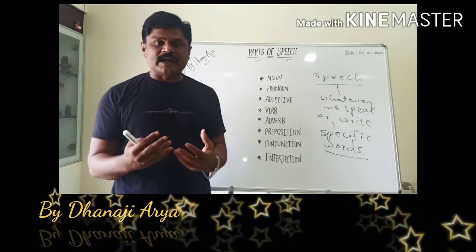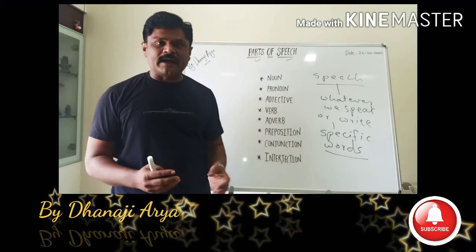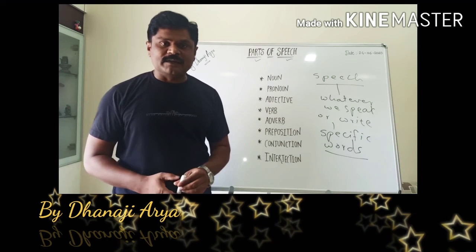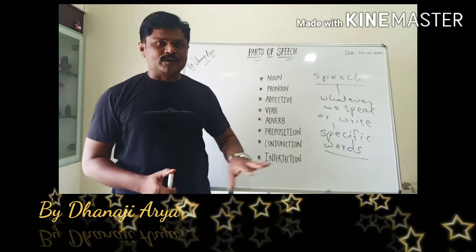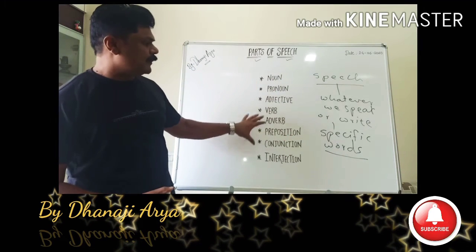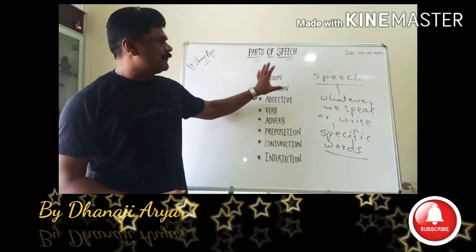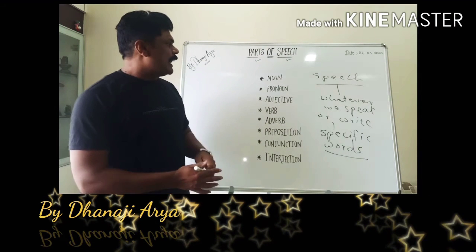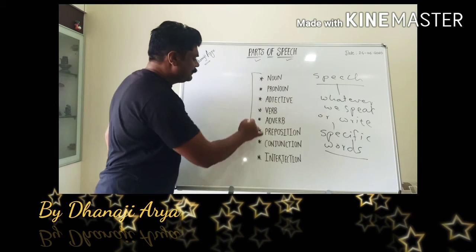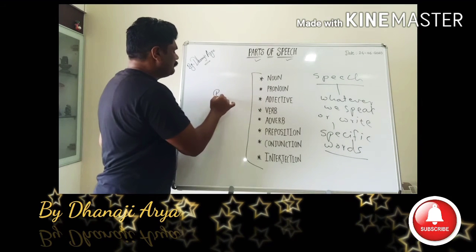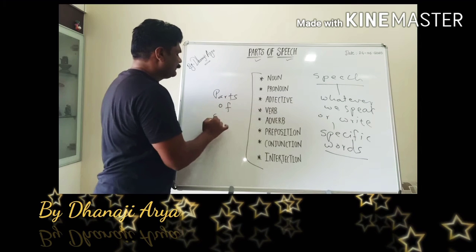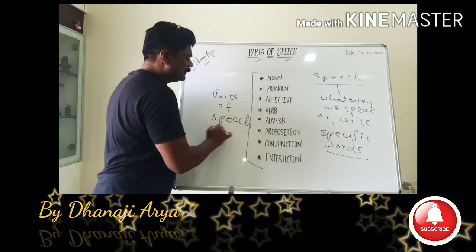So what are the types? These types we are going to discuss today. There are 8 types of the specific words. There are 8 types of the specific speech, and these 8 types are called parts of speech.